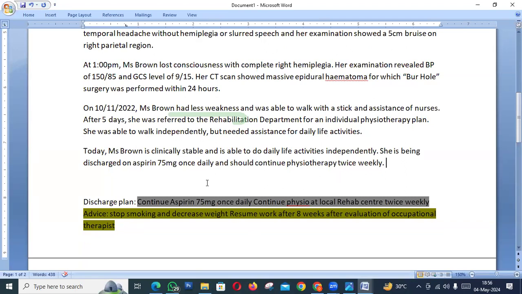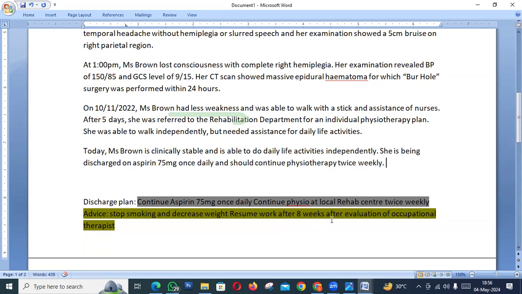So she is advised. She is advised to stop. Kindly advise to stop smoking. Yes, please. Kindly advise to quit smoking and decrease weight. Yeah. She is advised to stop smoking and decrease weight. Okay.